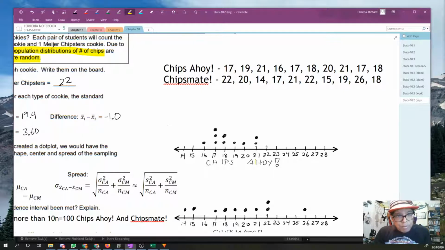You can read those yourself. Chipsmate had 22, 20, 14, etc. I went and did the dot plots because I'm extra like that. Didn't need to do the dot plots because we're already told that the samples come from an approximately normal distribution.